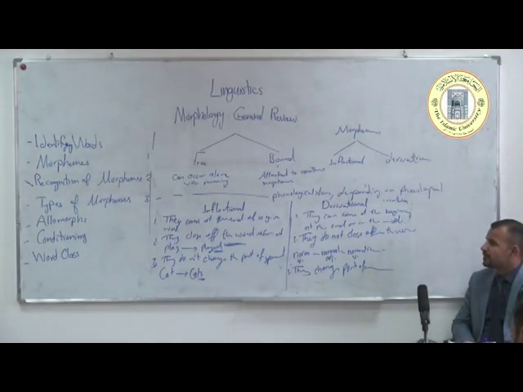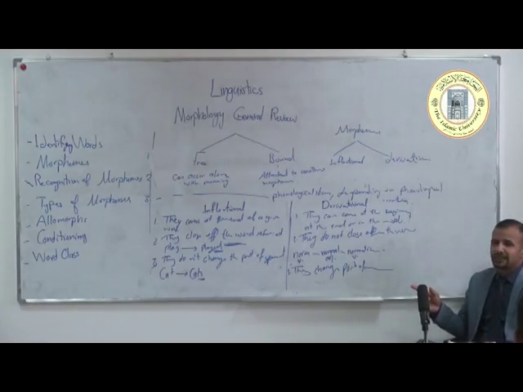For example, the s plural. When we deal with it phonologically, then it will be s, z, iz. The first phonological rule: after a voiceless sound, it will be pronounced s. For example, cat, cats. Keep, keeps.